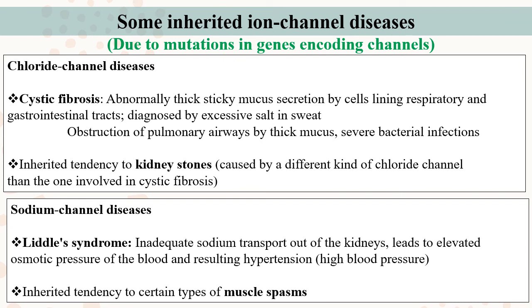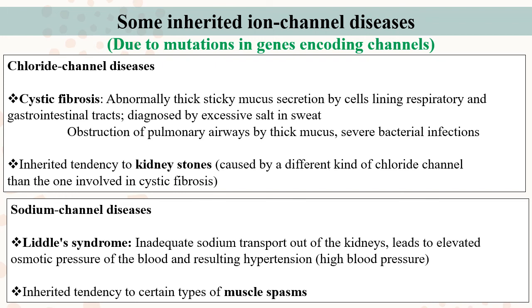It is diagnosed by excessive salt in sweat. Pulmonary airways are obstructed by thick mucus, leading to severe bacterial infection. In most cases, the patient dies before the age of 30.